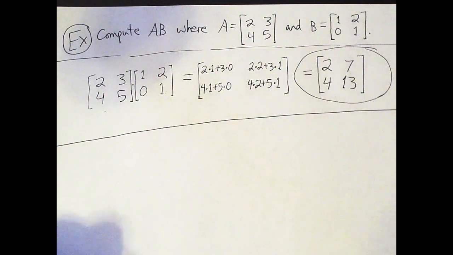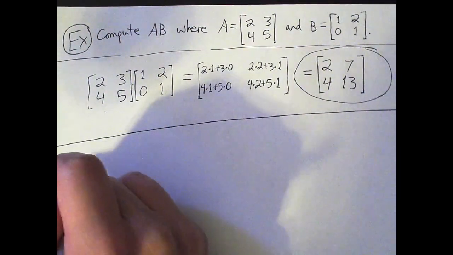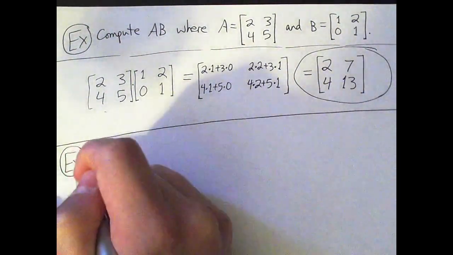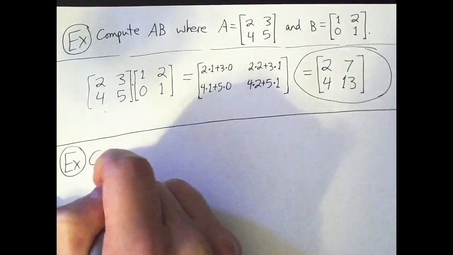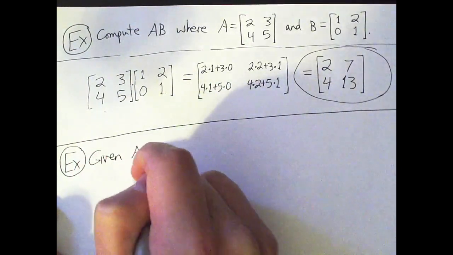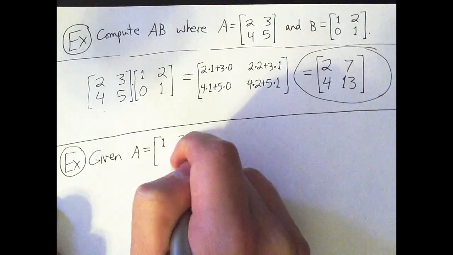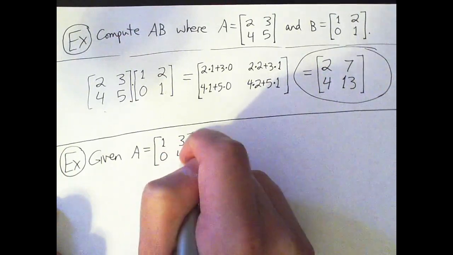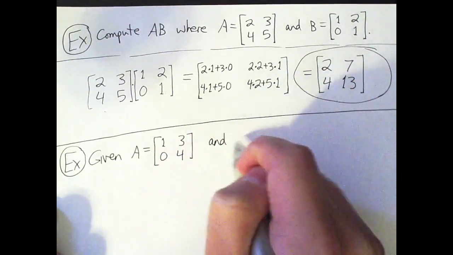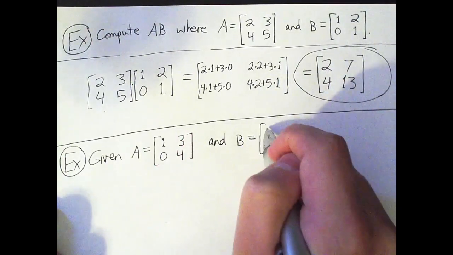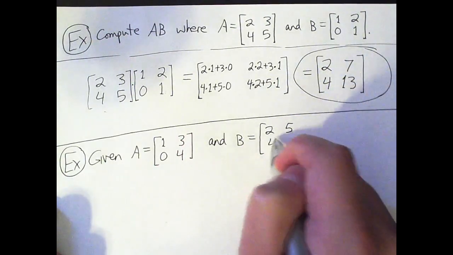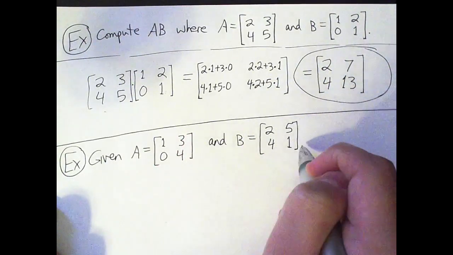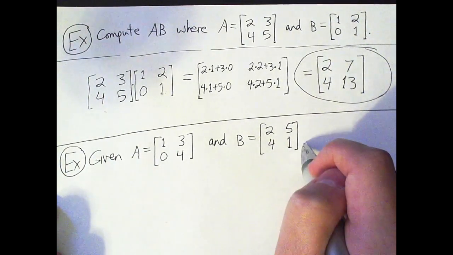How about this? I'll give you some problems to try. Let's say that you are given A equals 1, 3, 0, 4, and B equals 2, 5, 4, 1. Don't multiply them yet, because I have multiple parts for this problem.